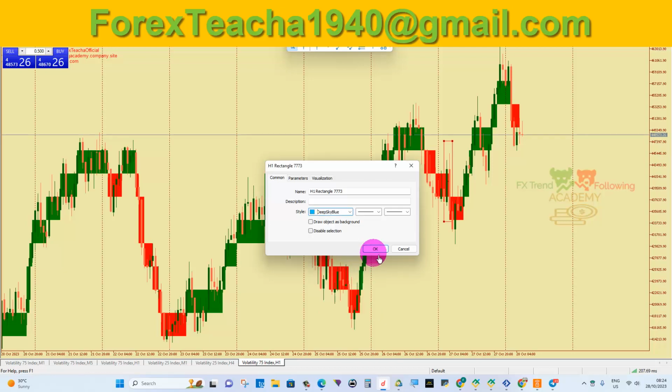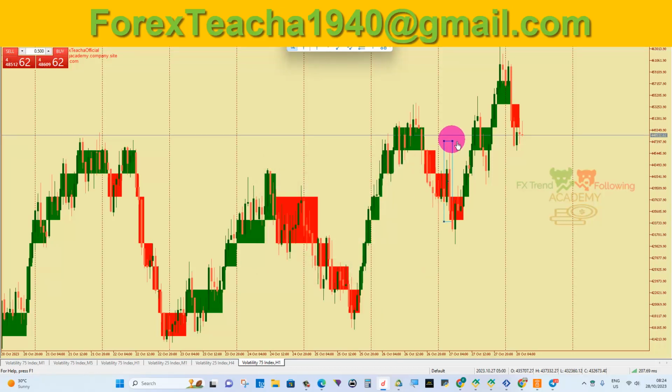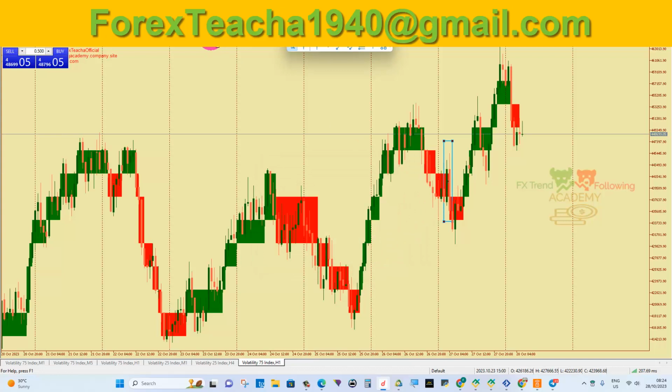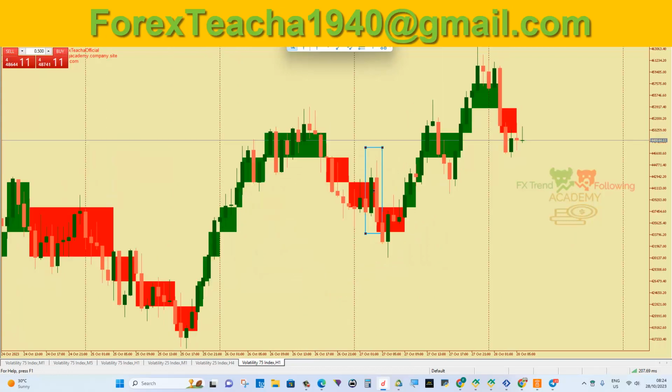This is the candle that you saw, that huge candle. Let me zoom out so that you can see it. I sent a signal somewhere around the bottom of this candle, this one right here.